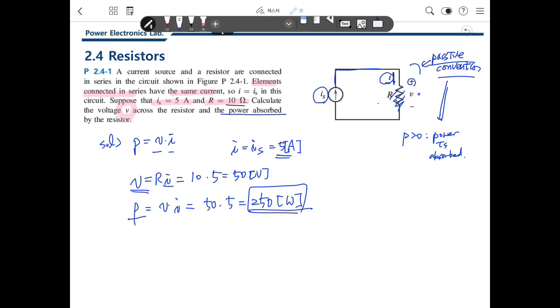Do you have any idea how much 250 watt is? It is huge power. Because generally, when you say horsepower, in Korean 마력, that means the power generated by one horse. 1 horsepower is generally 756 watt.